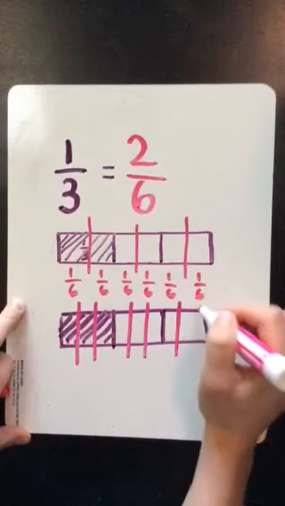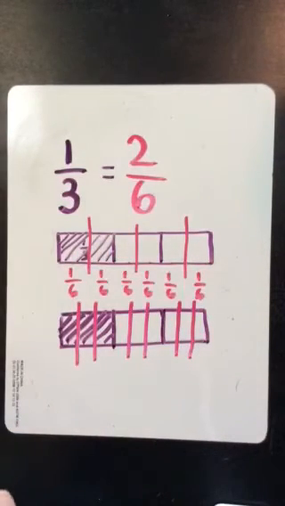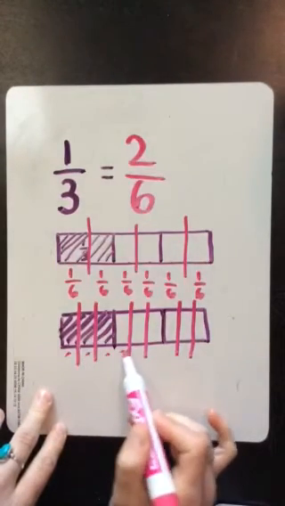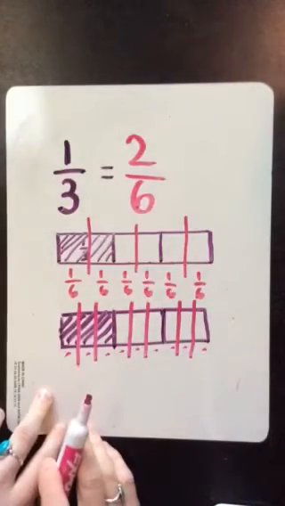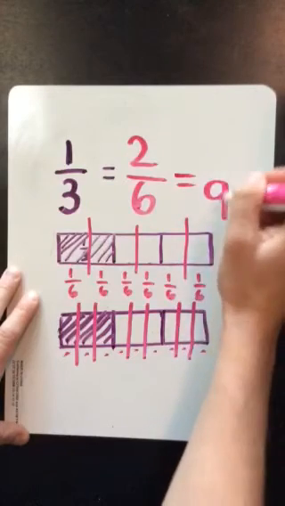I still want equal parts. Now, how many equal parts do I have? 1, 2, 3, 4, 5, 6, 7, 8, 9 parts, which means I have ninths.